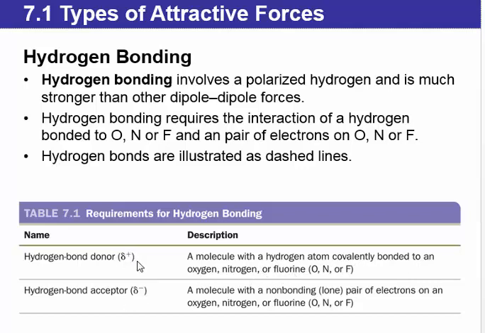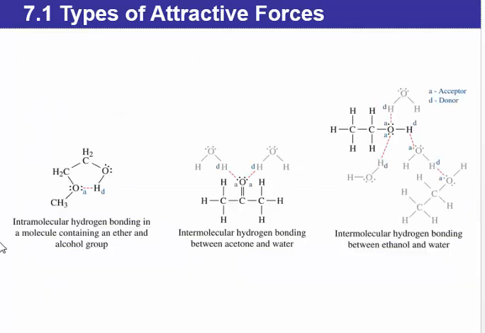And that hydrogen will interact with a lone pair of electrons on an oxygen, nitrogen, or fluorine, which will have a partial negative charge. So there's still an attraction between a partial positive on the hydrogen and a partial negative on the electronegative atom. But it is a very special type of interaction, and it's much stronger than a normal dipole-dipole interaction. So let's look at some illustrations.